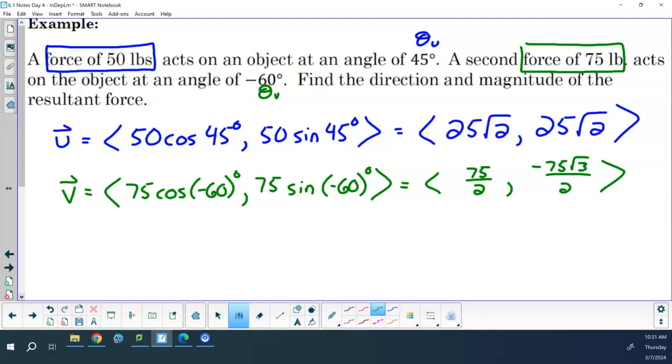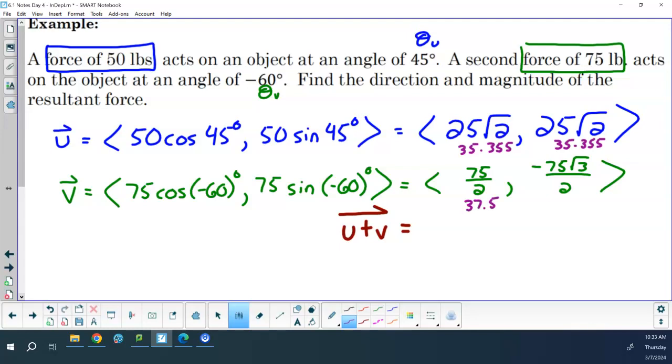So if I need to find what's happening to my object, then I'm going to add these vectors together. So I'm basically finding the vector u plus v. 25 times the square root of 2 is 35.5. 75 divided by 2 is 37.5.